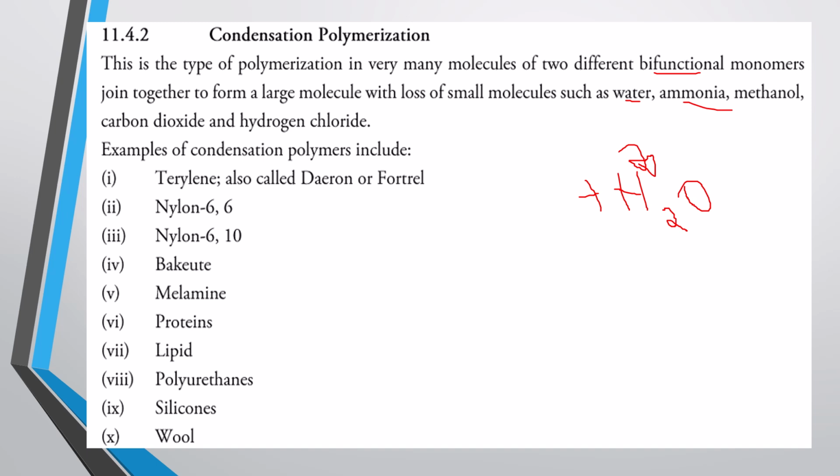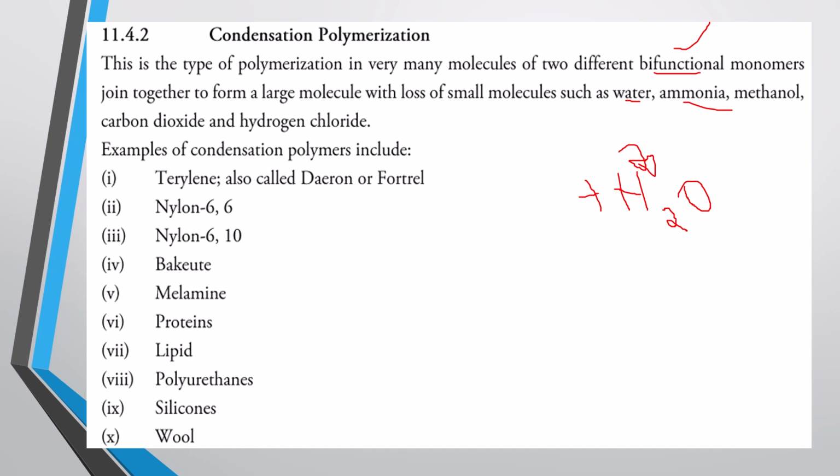But in your definition, the monomers that are going to be combined have to have different functional groups. That's why we say bifunctional monomers. And secondly, there must be loss of small molecules such as water or ammonia or methanol after such a polymer is formed.